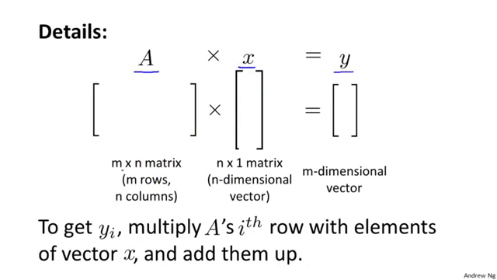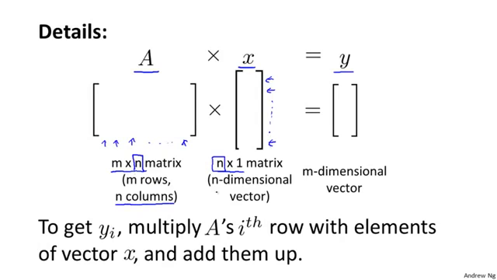So the matrix A here is an m by n dimensional matrix, so m rows and n columns, and I'm going to multiply that by an n by 1 matrix, or in other words, by an n-dimensional vector. It turns out this n here has to match this n here. In other words, the number of columns in this matrix has to match the number of rows here, or the dimension of this vector.